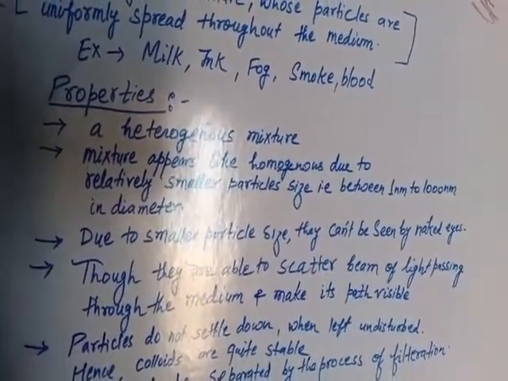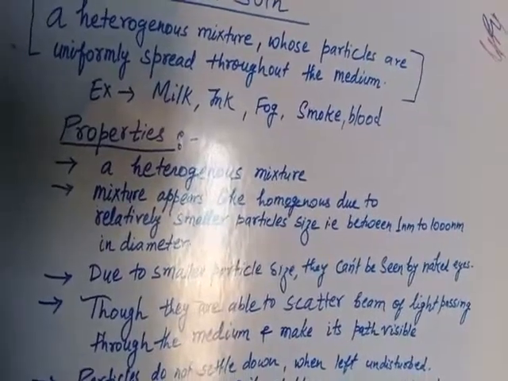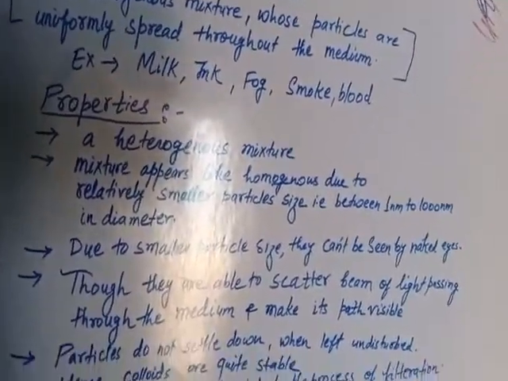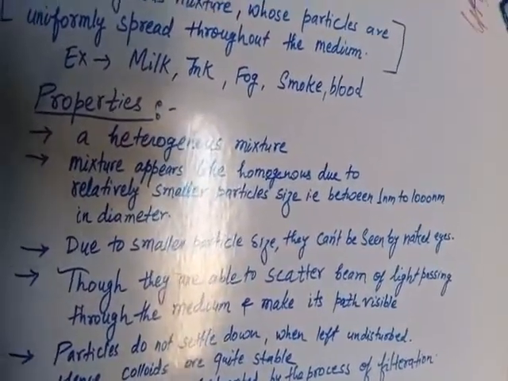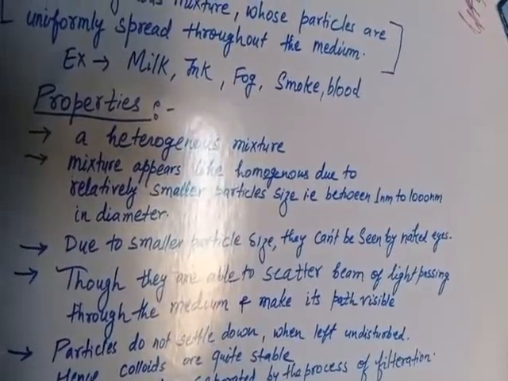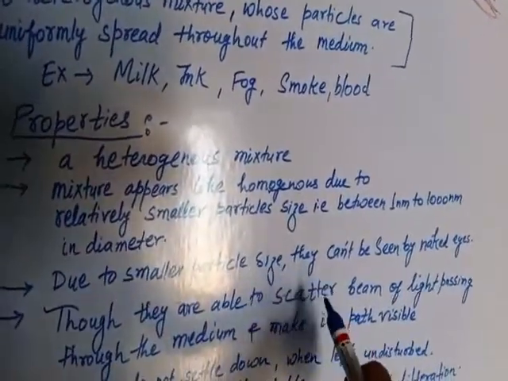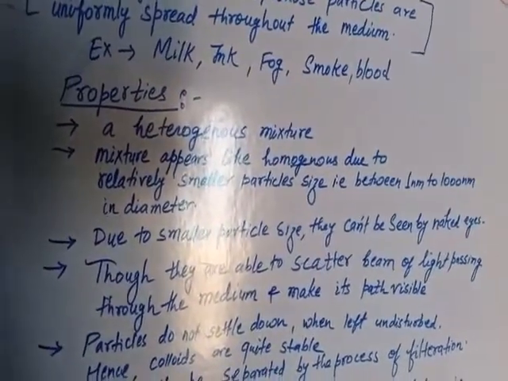Though the particles are small, they are comparatively larger than the particles of a solution. That is why particles of a colloidal solution provide enough surface area for the beam of light to scatter in different directions and make its path visible through the colloidal solution.